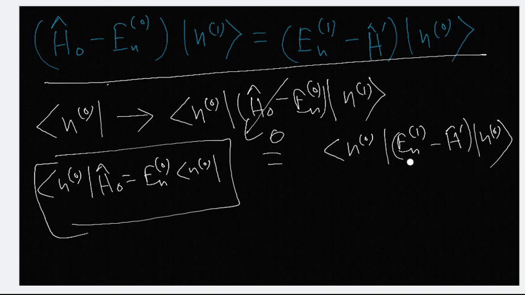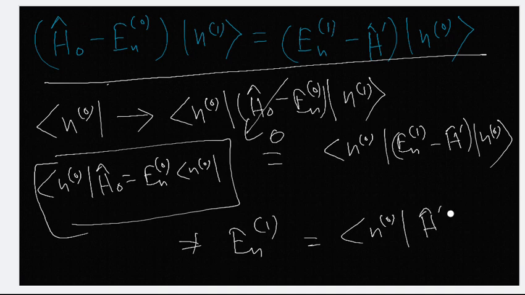This is a number, En1 is the eigenvalue, it's a number. You can find that |n0⟩ and |n0⟩ are orthonormal. So you will find En1 equals ⟨n0|H'|n0⟩. So this is the first order correction in the energy eigenvalue.